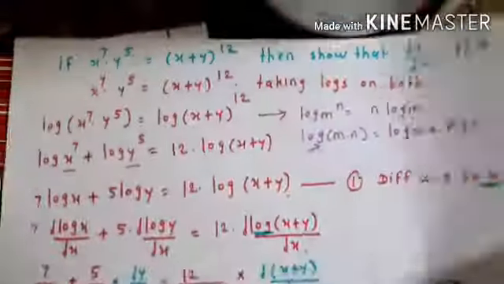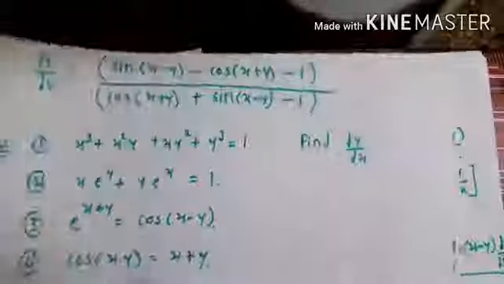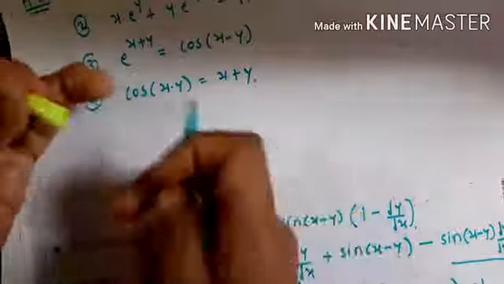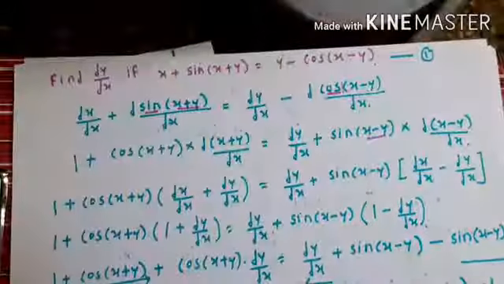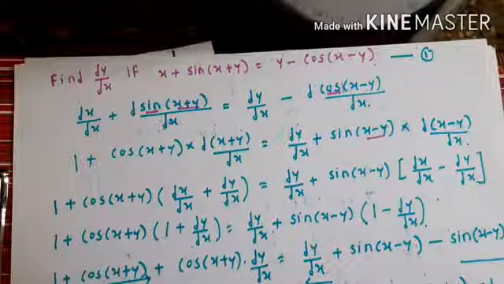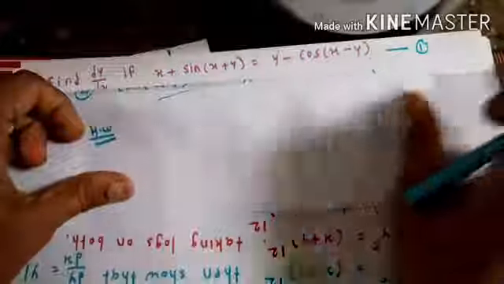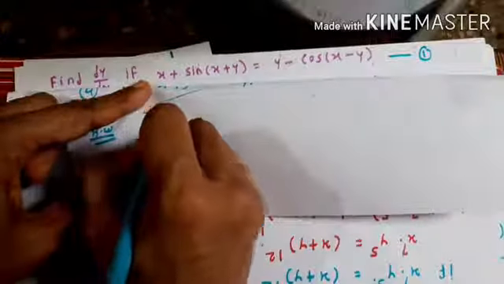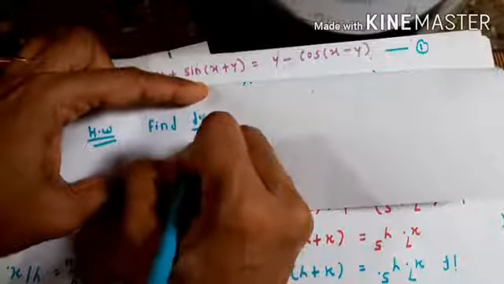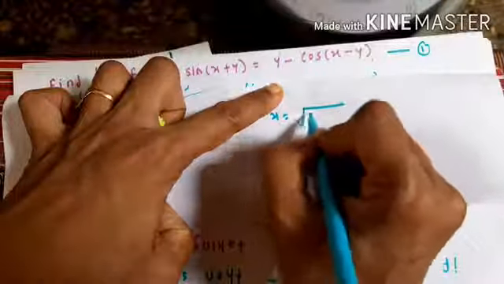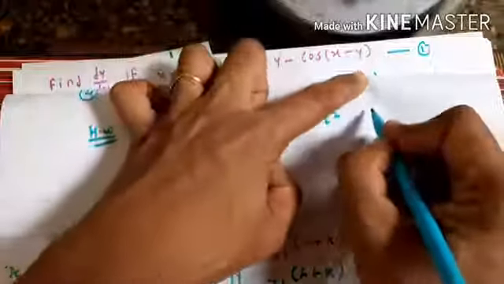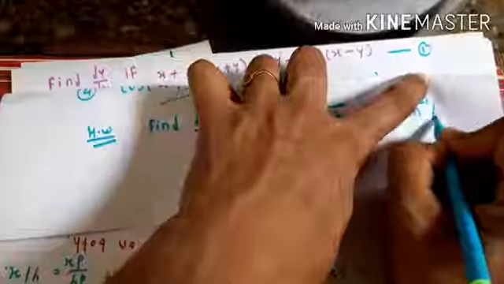Let us take some examples as homework. The examples are: find dy by dx if x equal to square root of 1 minus t square and y equal to sine inverse of t.